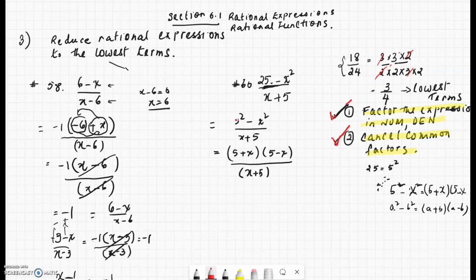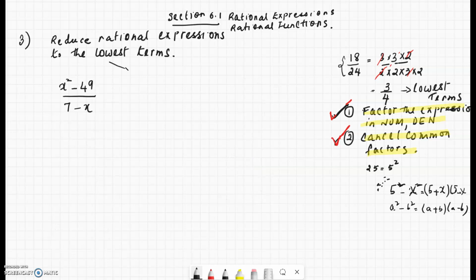Our second step is cancel common factors. x plus 5 is the same as 5 plus x, so that gets cancelled. And this is equal to 5 minus x. That is what we have when we reduce it to the lowest terms.